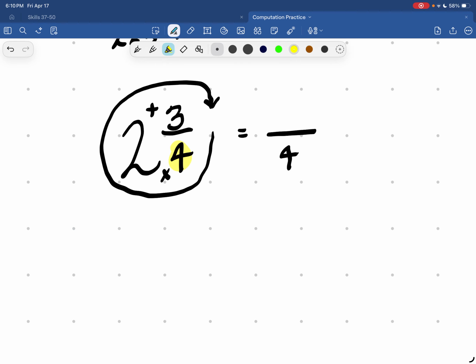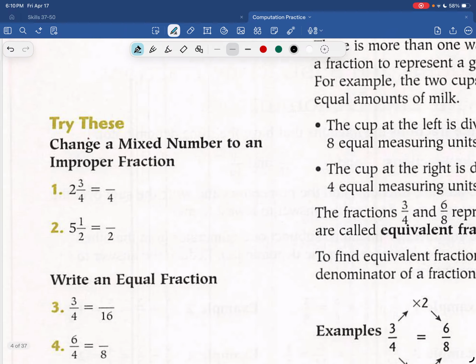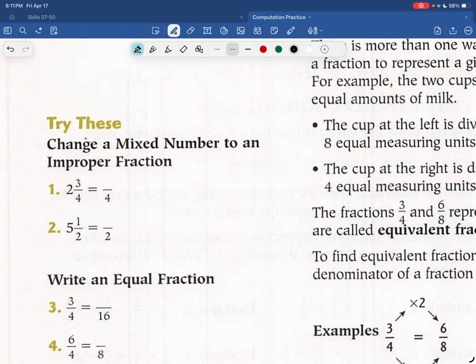Denominator just comes over. All right. 4 times 2 is 8, and 8 plus 3 is 11. So that would be 11/4. And we have done both of these. This one is 4 times 2 is 8, plus 3 is 11. 2 times 5 is 10, plus 1 is 11.